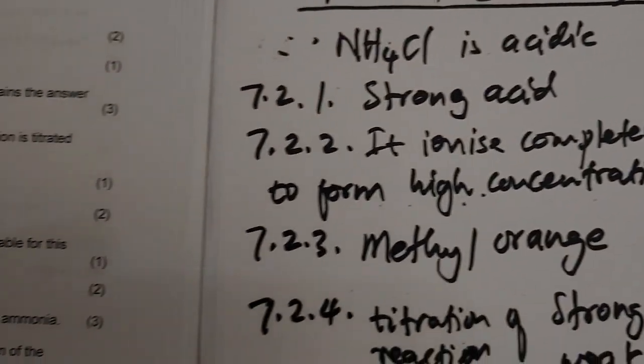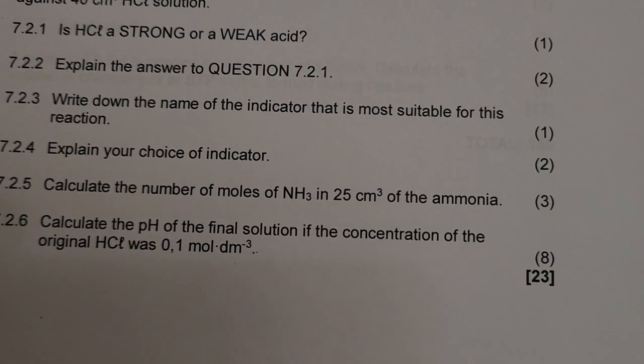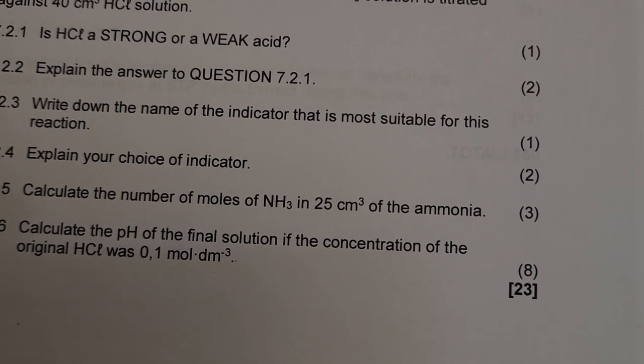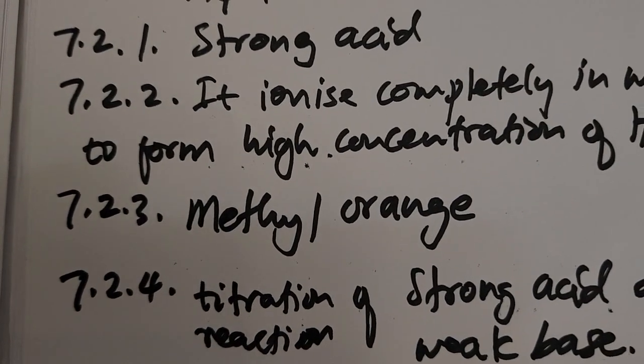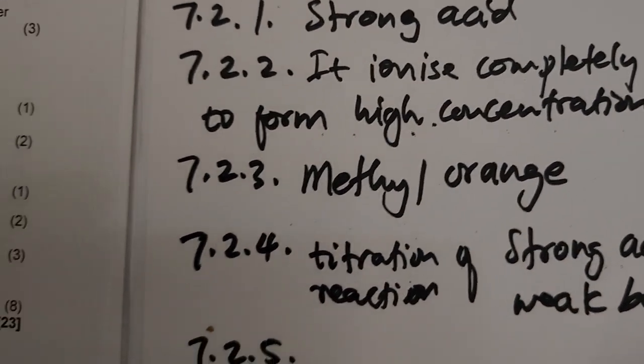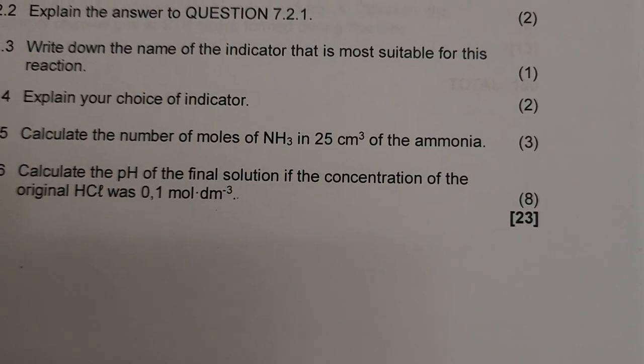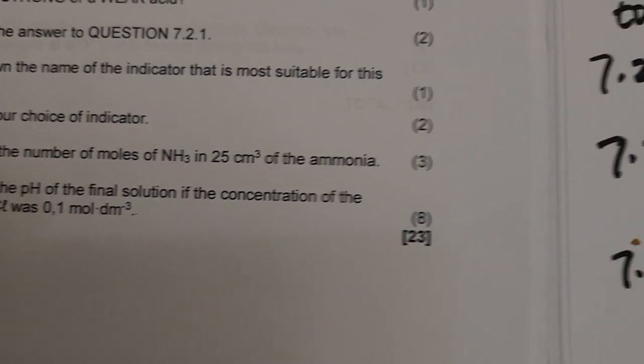Fine. And then in 7.2.3 they say write down the name of the indicator that is most suitable for this reaction. Therefore the indicator now will be methyl orange. Yes. And then now 7.2.4 they say explain your choice of indicator.